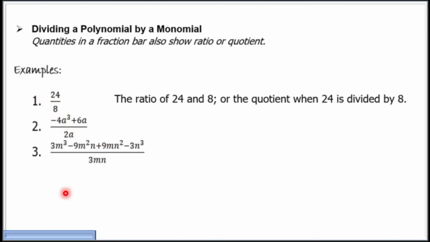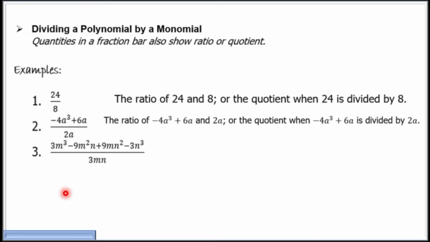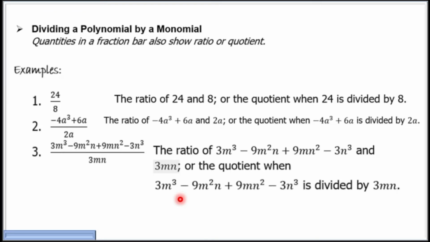Number 2, the ratio of negative 4a cubed plus 6a and 2a, or the quotient when negative 4a cubed plus 6a is divided by 2a. And number 3, the ratio of 3m cubed minus 9m squared n plus 9mn squared minus 3n cubed and 3mn, or the quotient when 3m cubed minus 9m squared n plus 9mn squared minus 3n cubed is divided by 3mn. Okay, solutions.